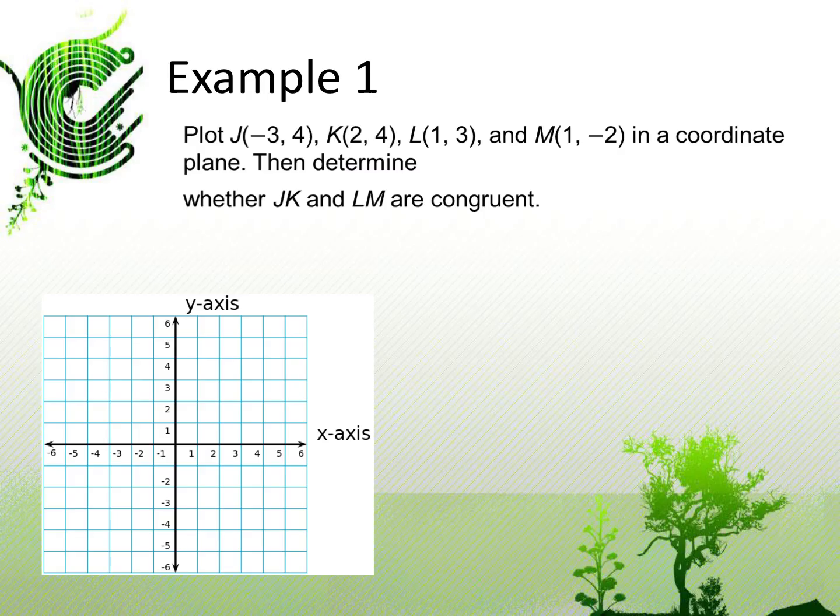Now, for my next one, instead of me giving you a segment and have it drawn, sometimes you're going to be given ordered pairs or coordinates, and you're going to have to graph them on a coordinate plane and then determine if they're congruent. Now, whenever the segments you draw are horizontal lines or vertical lines, you could get away with just counting the little boxes, as long as you're doing it on a nice, neat coordinate plane.